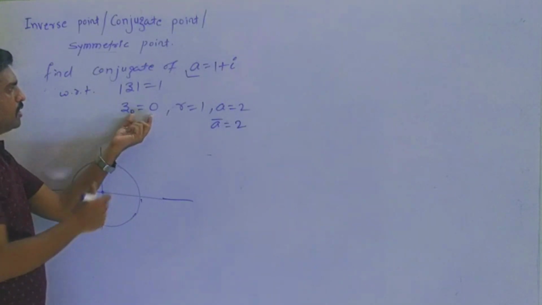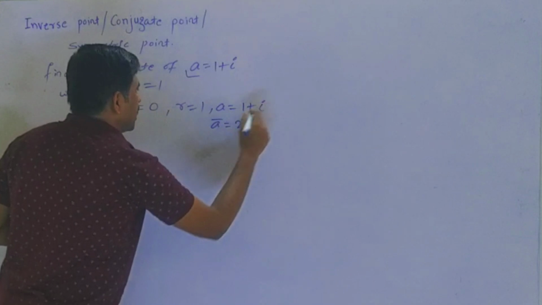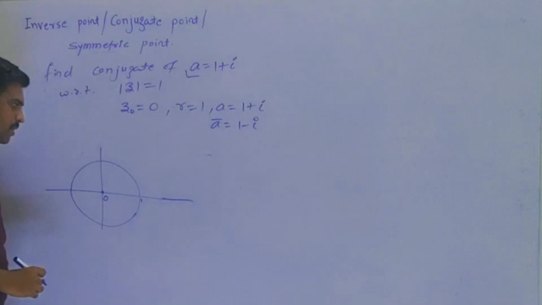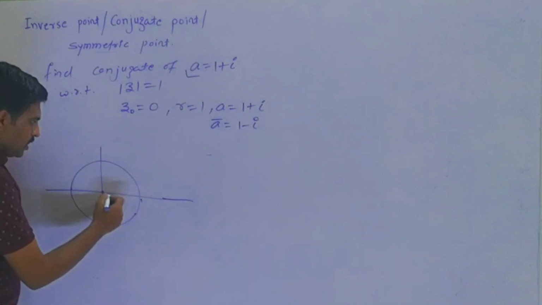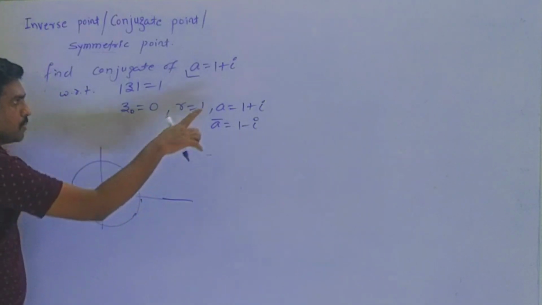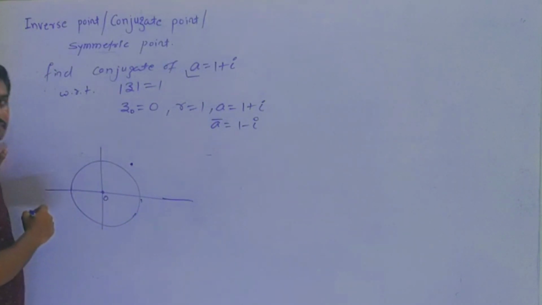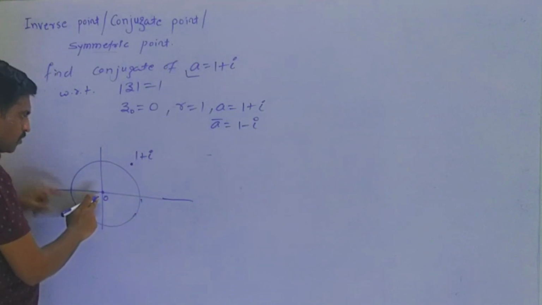So what is Z0 here? 0. R is 1, but A we change to 1 plus I, and A bar, the conjugate with respect to the x-axis, is 1 minus I, right? So where is 1 plus I? The distance of 1 plus I from the origin is root 2.